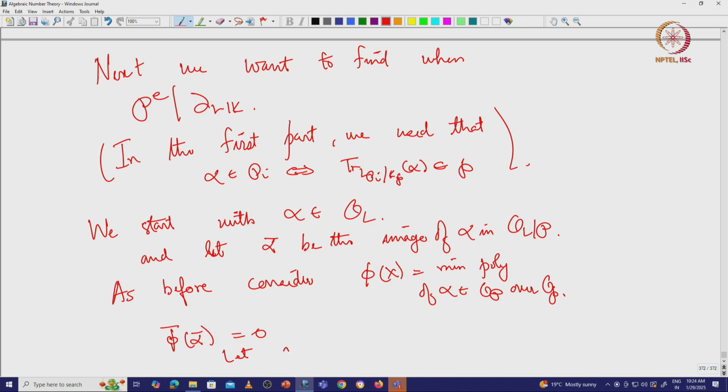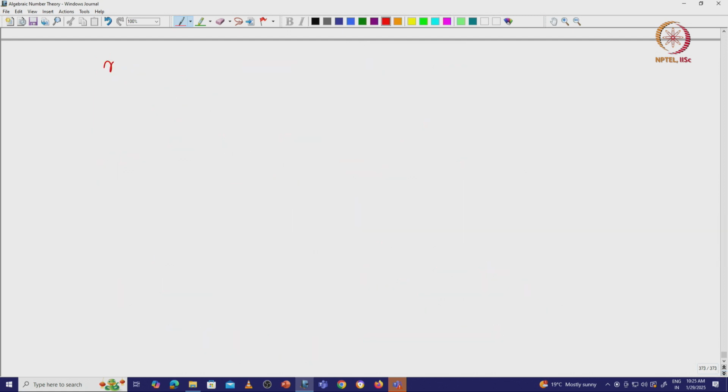And let psi of x inside O_K mod p of x be the minimal polynomial of alpha bar. Then psi of x divides phi bar of x, because it is the minimal polynomial.